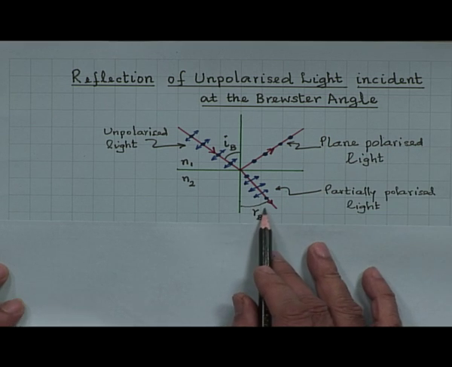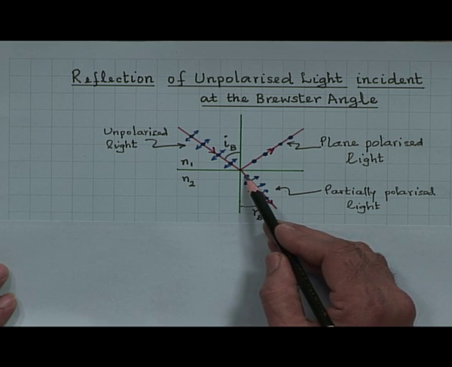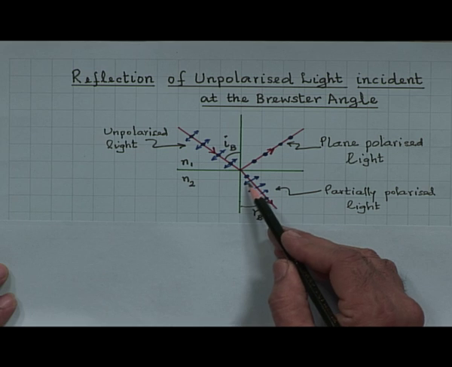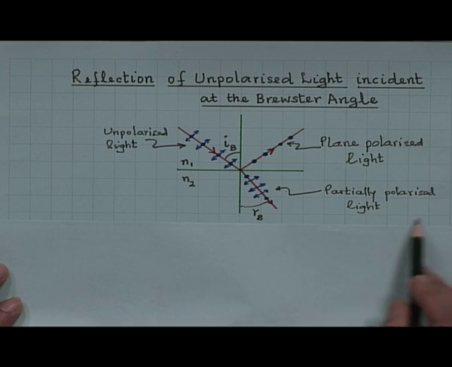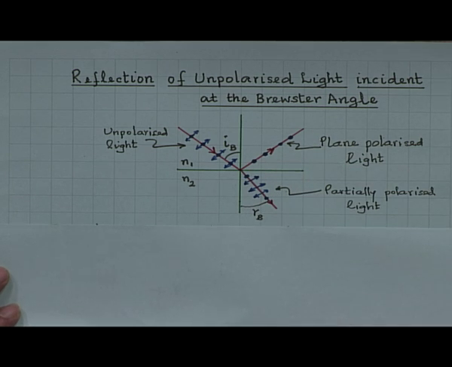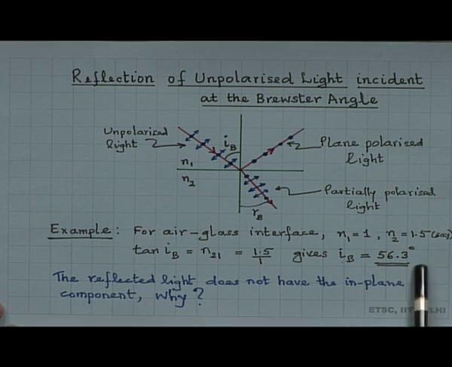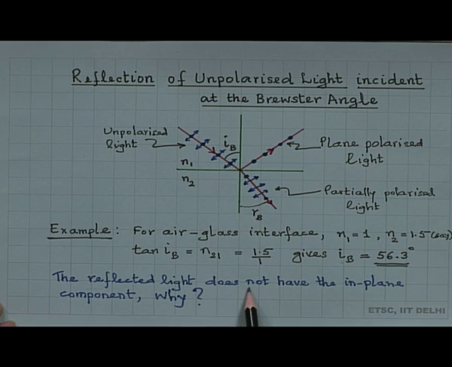Whereas the transmitted light contains both components, the vertical component as well as the in-plane component, and therefore it is sometimes called partially polarized light. But the reflected light is perfectly plane polarized. What is important for us is that the reflected light does not have the in-plane component.